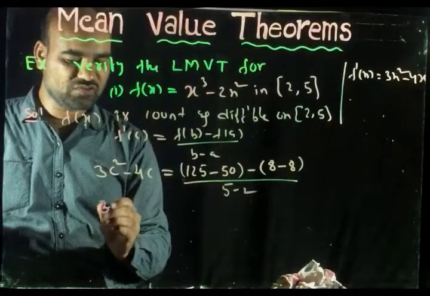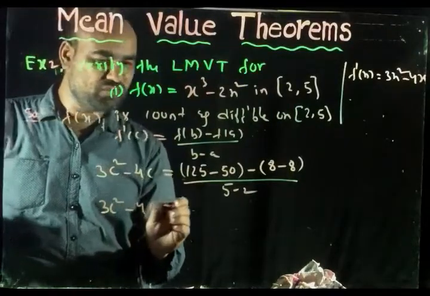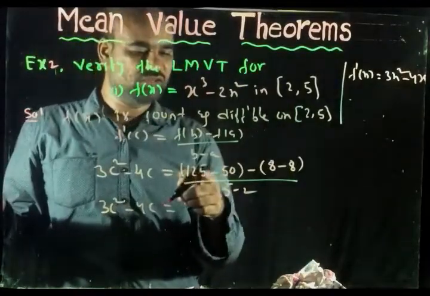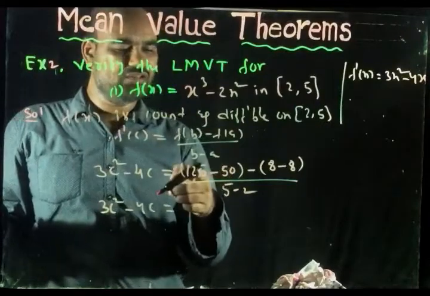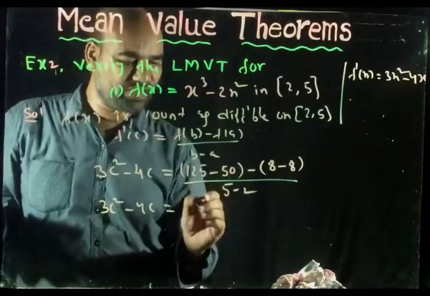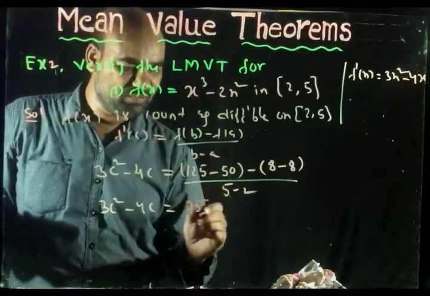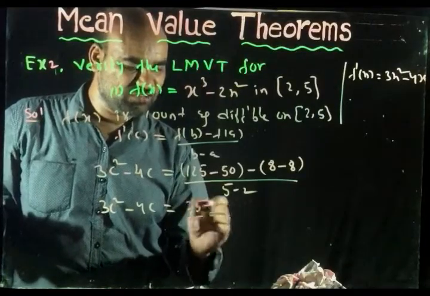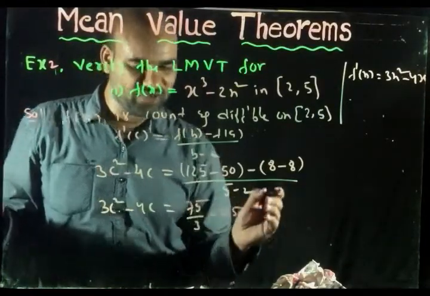So 3c square minus 4c equal to 75 by 3, that is equal to 25.